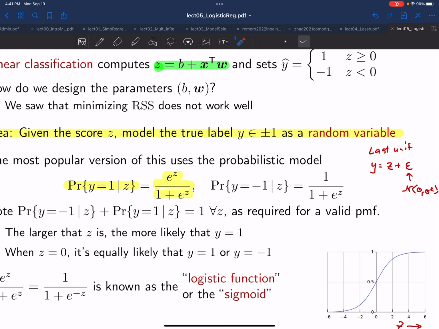This was also a probabilistic model. So in that case, the probability of y given z is Gaussian with a mean of z and a variance of sigma squared. Now we're saying it's a different probabilistic model. It has this very different shape, but both of them are probabilistic models. In that sense, they're just different options.